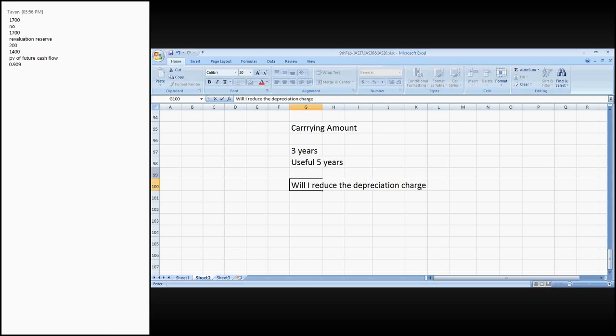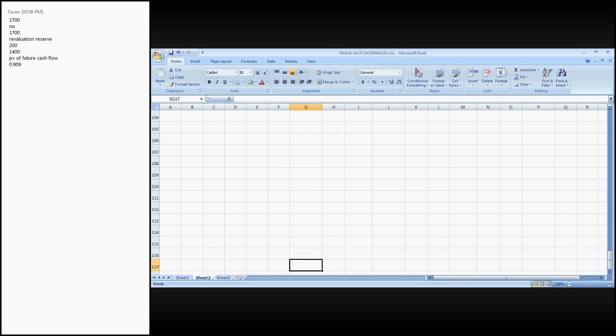Okay, so indirectly, in a complex manufacturing plant, it's very difficult. The answer for your query is that one asset alone is not independent in generating economic benefits.